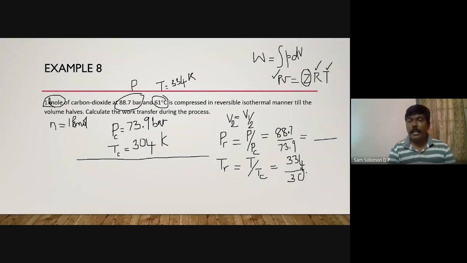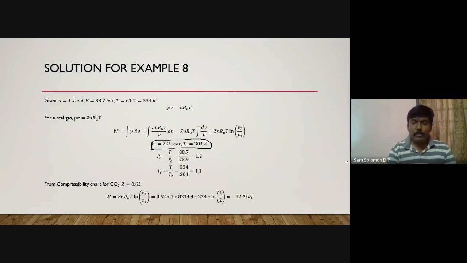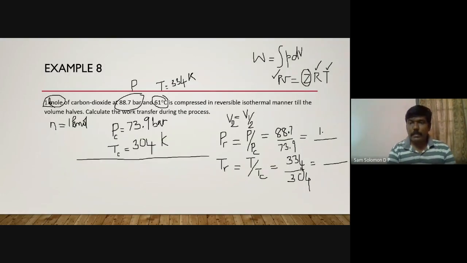And you can see that in this particular case, both of them are getting a value greater than 1. 1.2 and 1.1. So this is 1.2. This is 1.1. So we are able to estimate the value of reduced pressure and temperature.